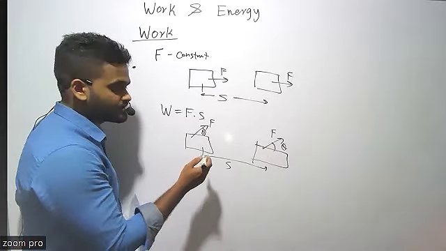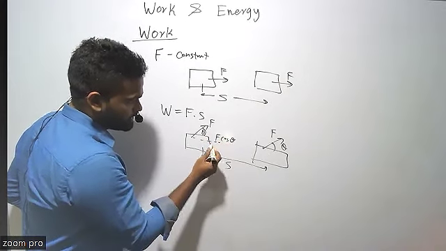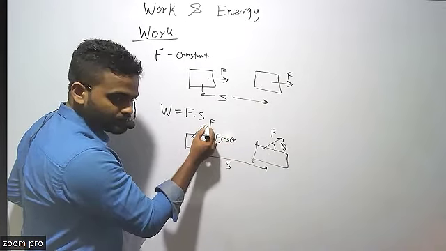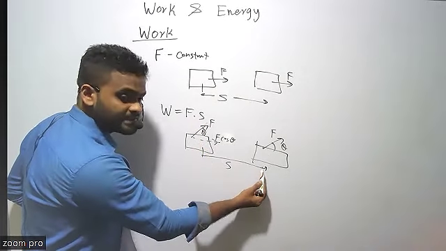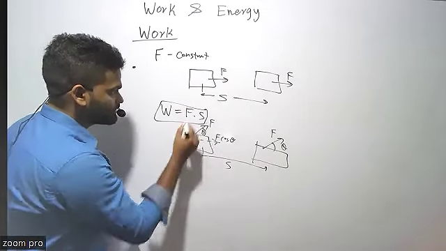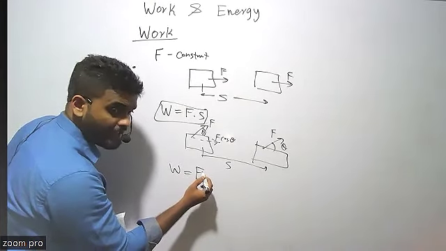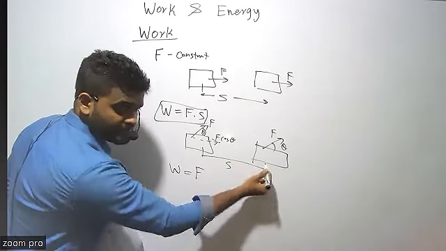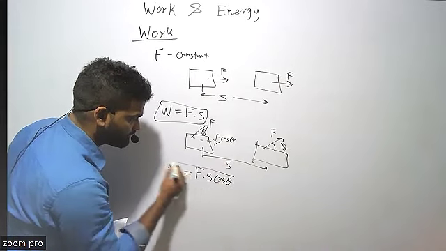That is F cos theta. You cannot consider this one. So the work equation changes: F cos theta times s, meaning Fs, I can write cos theta here.